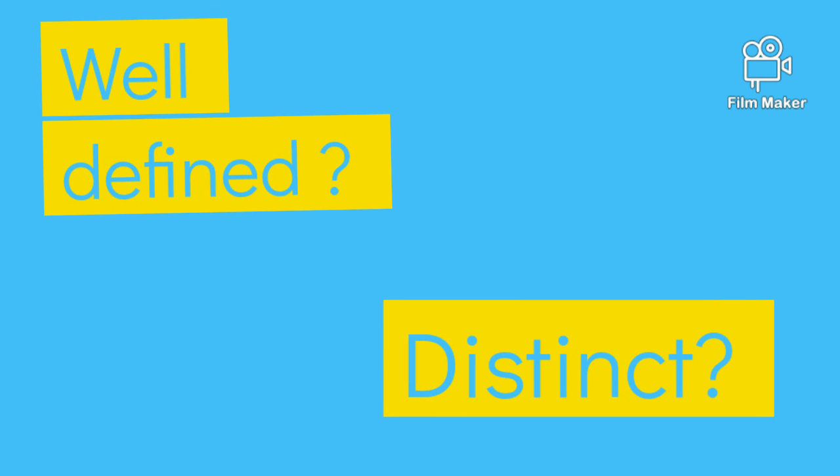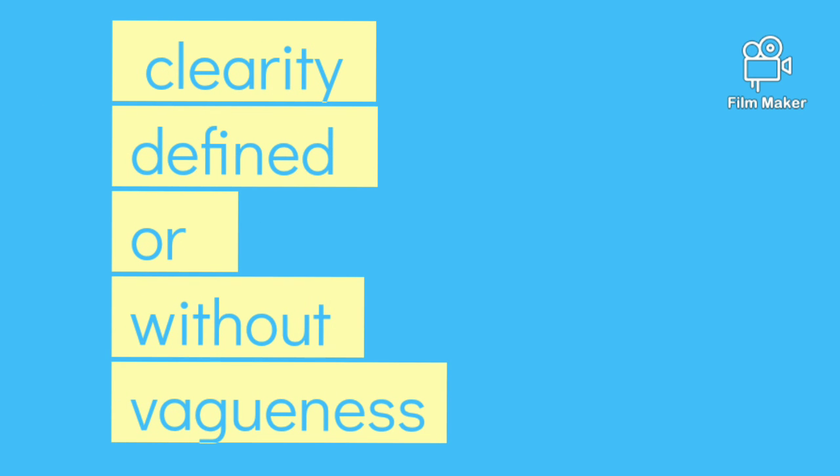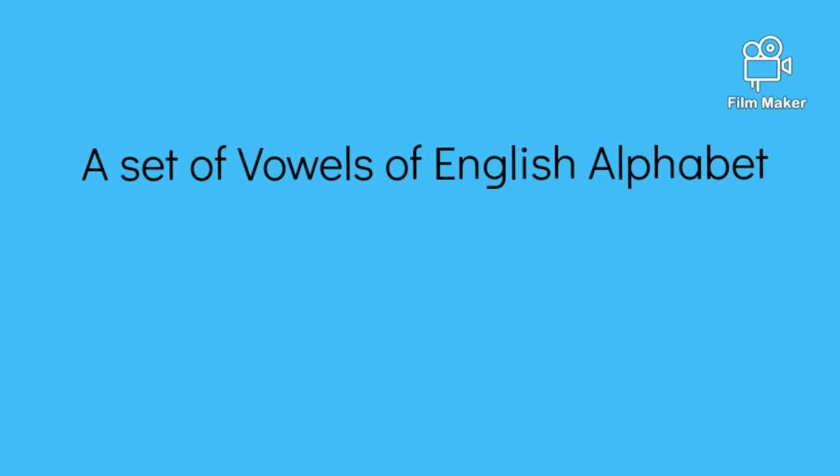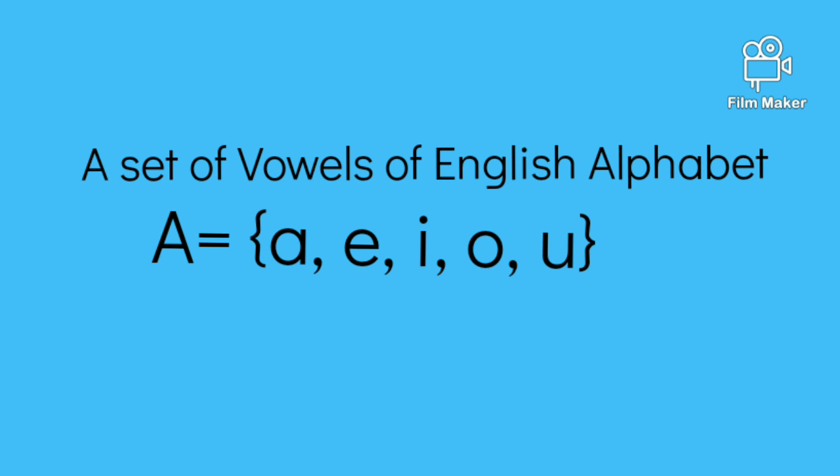So what do we mean by well-defined and distinct sets? By well-defined and distinct, we mean clarity in the definition of the elements, or the absence of vagueness. Let's take an example: a set of vowels of the English alphabet. That's an example of a well-defined set because the English alphabet has 5 vowels in it, and you cannot expect to have 6 or 7.